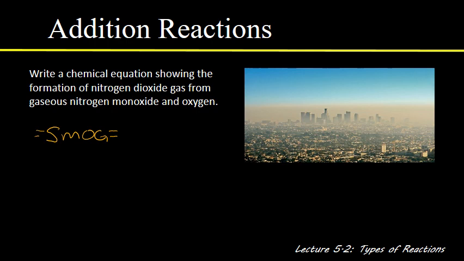People often think of smog as just being normal pollution, but smog is actually a specific thing that happens when you get the right pollutants in the atmosphere. You get a mixture of nitrogen dioxide and ozone and a couple other things. And the nitrogen dioxide is kind of an orange-brown color. And this pen actually is a really good approximation of what nitrogen dioxide looks like.